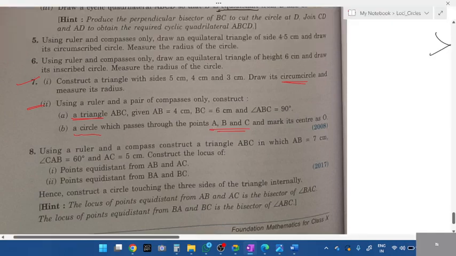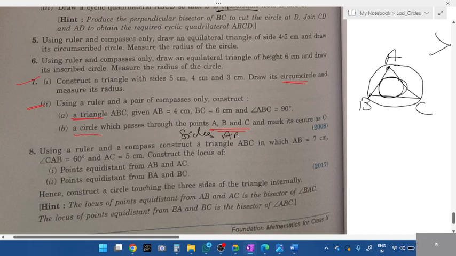If it is passing through the points A, B, C, what is it? Do you think an incircle will touch A, B, C, or a circumcircle? All of you respond. Circumcircle. They didn't mention sides, or they would say a circle which passes through the sides AB, BC, CA.